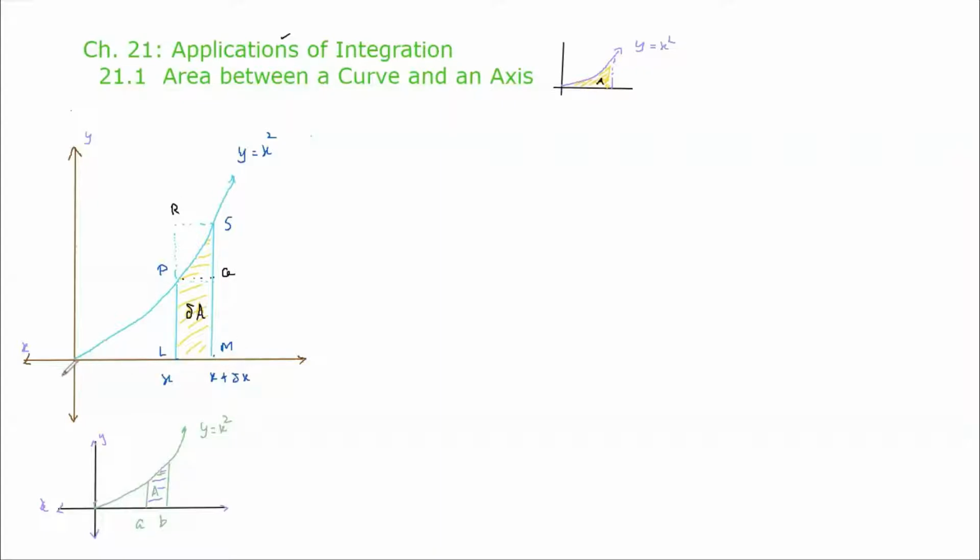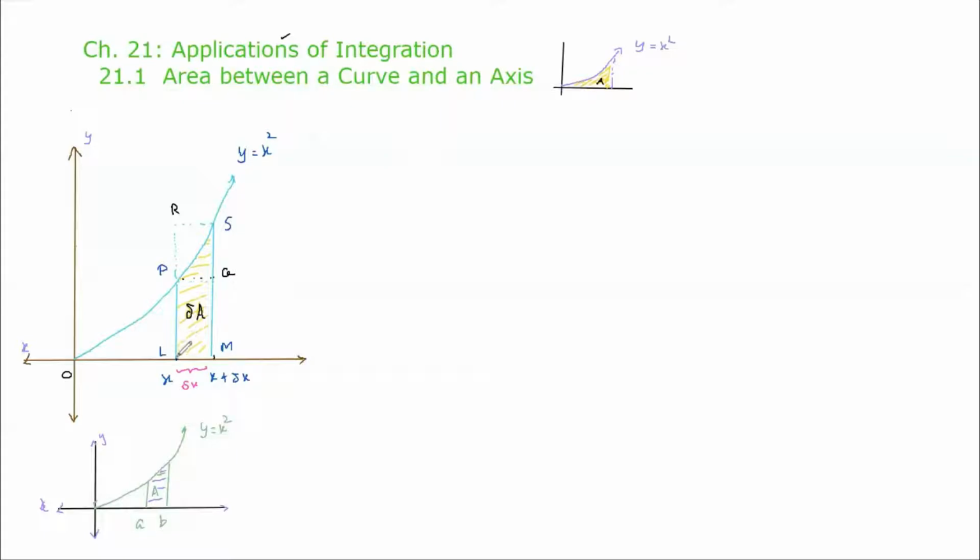So from the 0 point up to here is x, and from here to here is x plus delta x. We're going to use the limit concept that we learned before to help us prove it. That means from this point to this point is delta x, correct? This one is delta x from here to here.